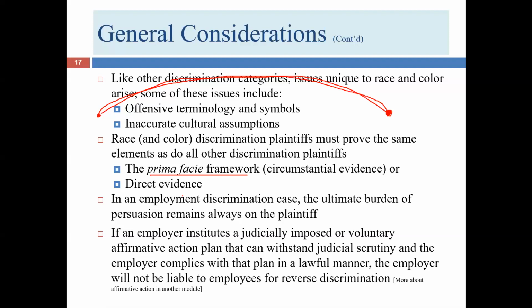Employers that don't have affirmative action plans can't engage in anything along the lines of reverse discrimination. Now, just having an affirmative action plan doesn't mean you get to engage in reverse discrimination. And by reverse discrimination, I mean preferring African American candidates over Caucasian candidates.